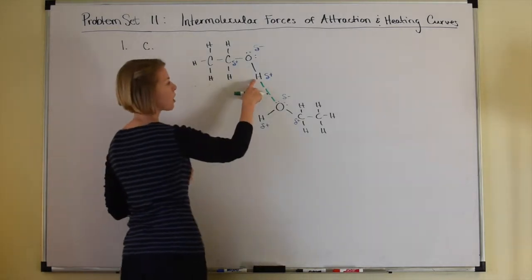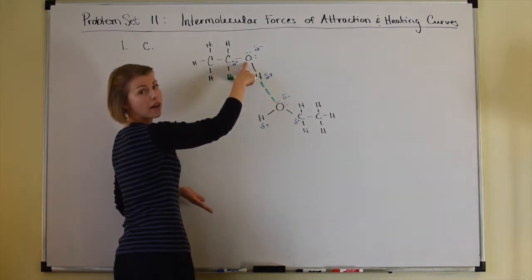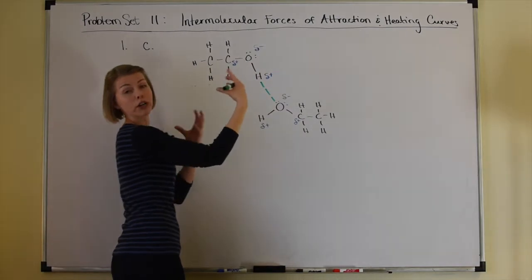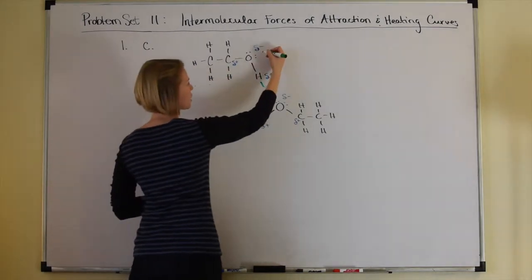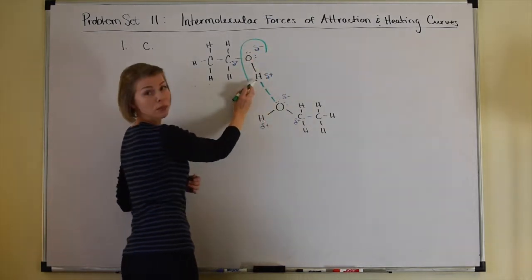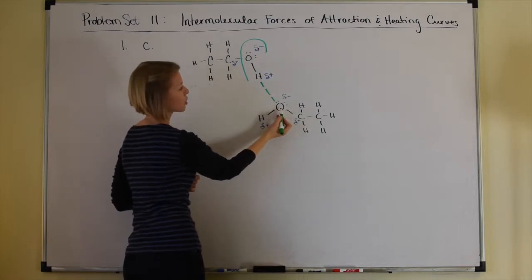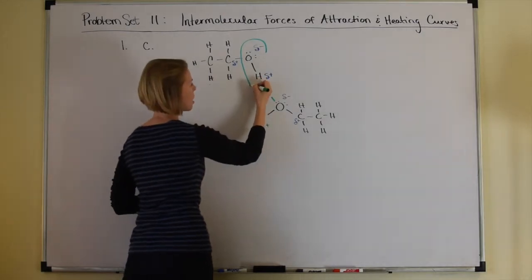So remember, in hydrogen bonding, you must have a hydrogen atom covalently bound to O, N, or F. That's what creates that partial positive charge that's more extreme than what we would just get in a dipole-dipole force of attraction. Okay, so I'm going to circle all this. This is part of the complex. And then that partially positive hydrogen atom will strongly attract the partial negative O, N, or F of another molecule.